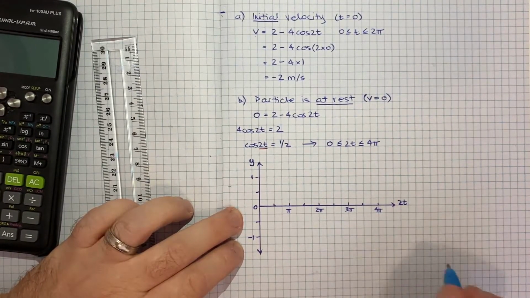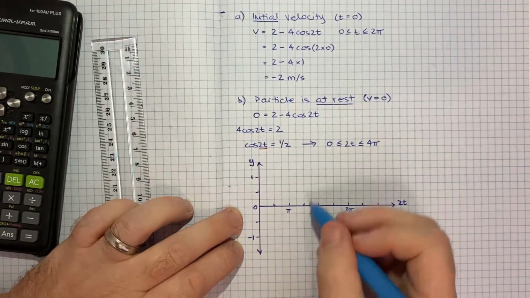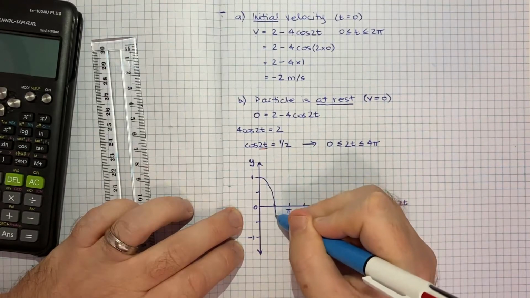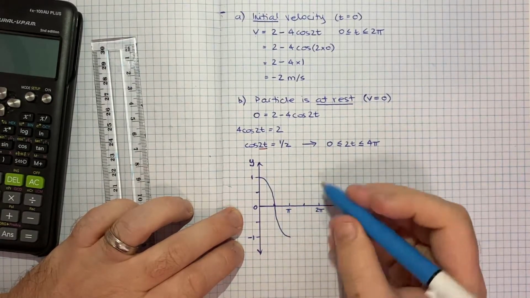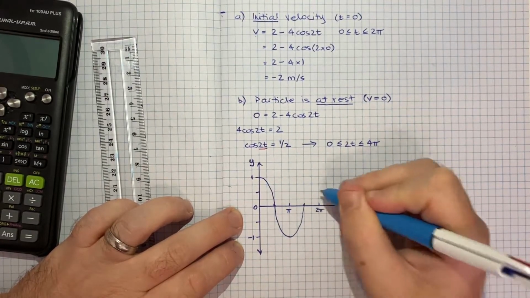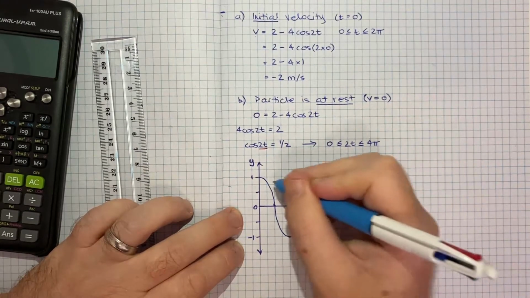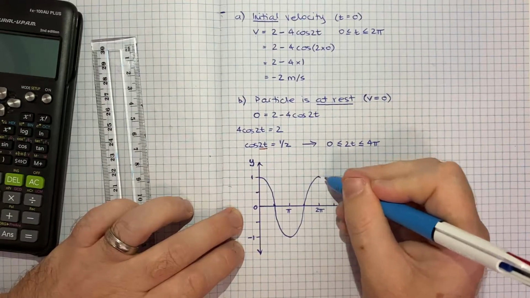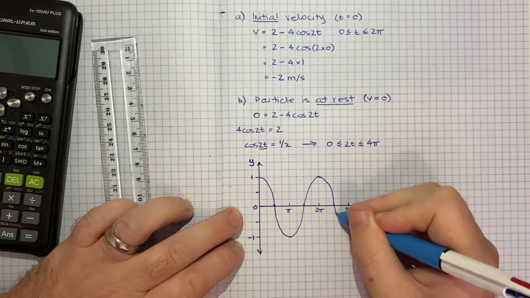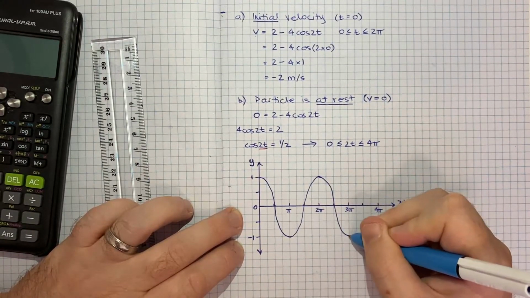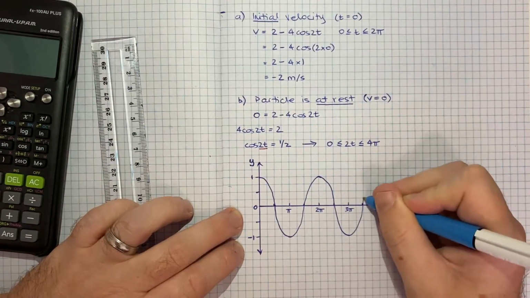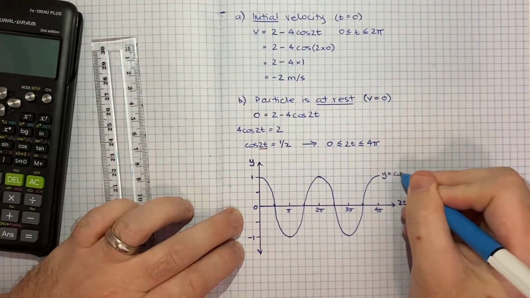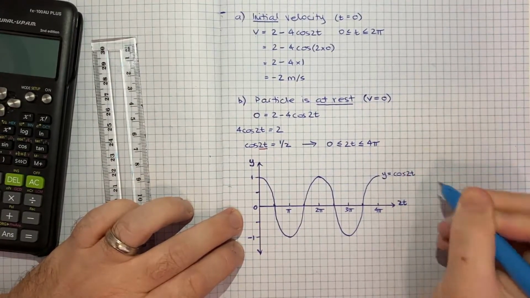And hopefully you're familiar with the typical cos curve, which will start up at 1 and will come down and hit its low point at pi, back up, hit its peak again at 2 pi, and then here we're going to repeat because we've got the wider domain. So we carry on, hitting -1 at 3 pi and then getting back to the top again at 4 pi. So that's our y is equal to cos 2t curve.